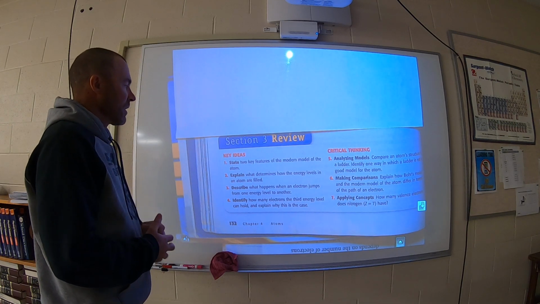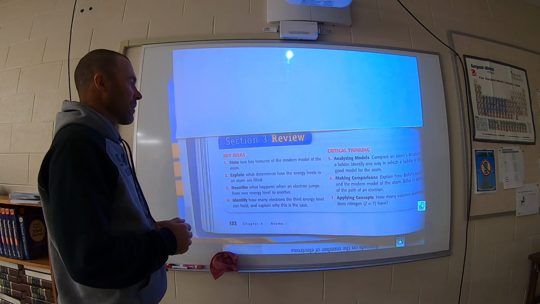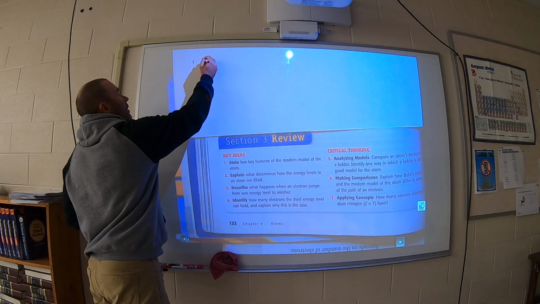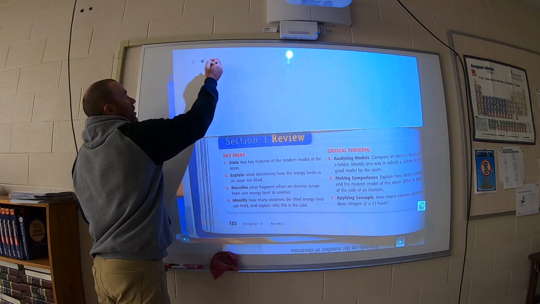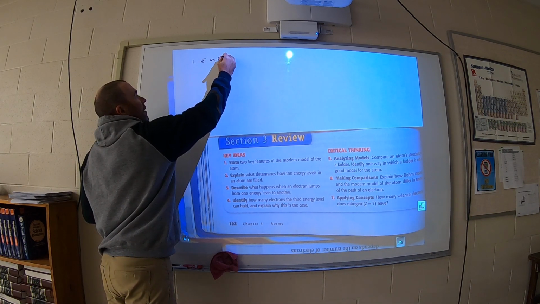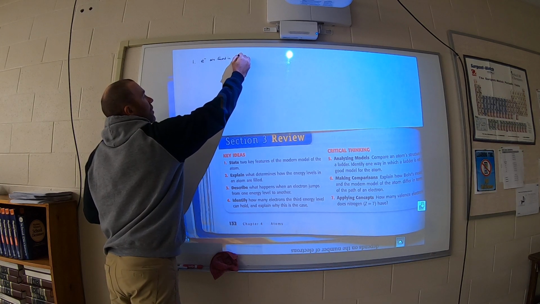Question number 1, it says, state 2 key features of the modern model of the atom. Well, one is electrons are found in orbitals.